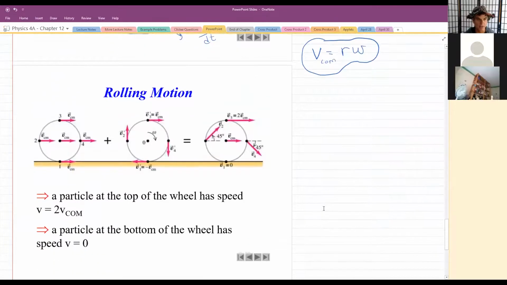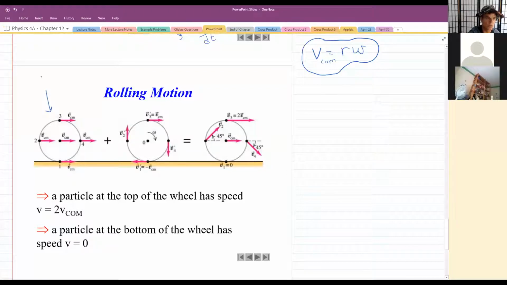And talking about the fact that I can combine both motions, I can treat rolling motion as two things. Everything in the wheel moving at some speed, and the wheel just rotating. Combining those two is what rolling motion is. So this right here would just be the wheel rolling.